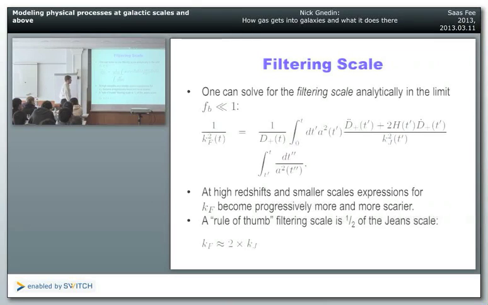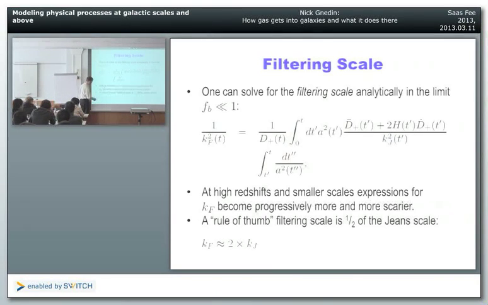It turns out that if you put in standard lambda CDM, most of those terms become significantly simpler. And as a rule of thumb, if you're talking about the intergalactic medium at redshifts where it's mostly observed, redshift 2, 3, 4, 5, then this filtering scale as a wave number is twice the wave number of the Jeans scale, which means that as a spatial scale, it's half the Jeans length.